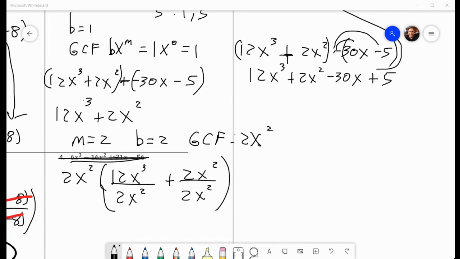Doing so, we get 2x squared times 12 over 2 is 6, x cubed over x squared is just x, and 2x squared over itself is 1, as you can see.